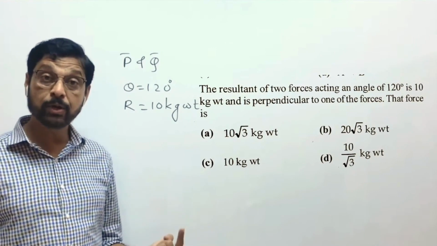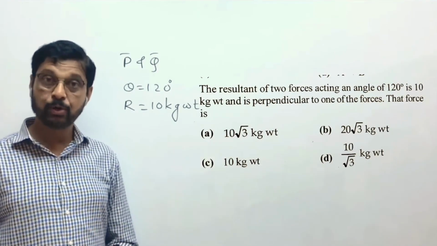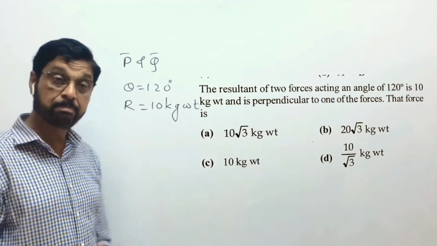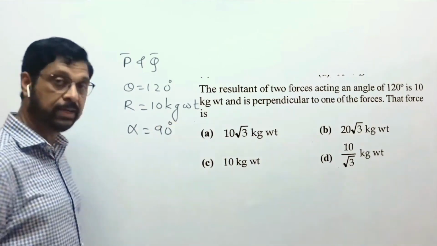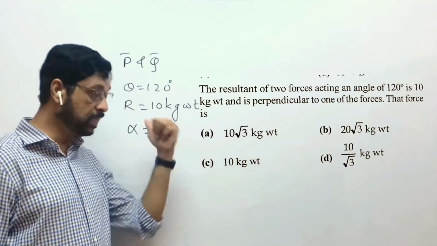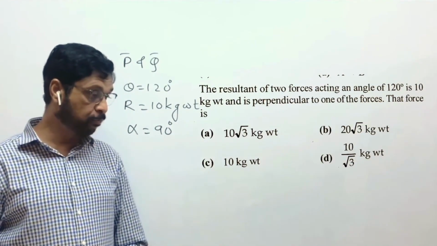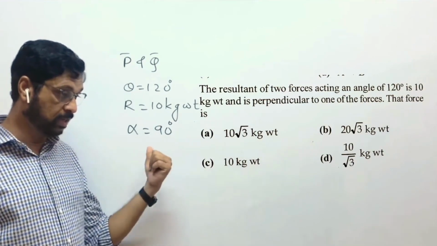What is perpendicular to one of the forces? The resultant is perpendicular to one of the forces, which means alpha is equal to 90 degree. The angle between the resultant and first force is how much? 90 degree. That force is, so how much is that force?